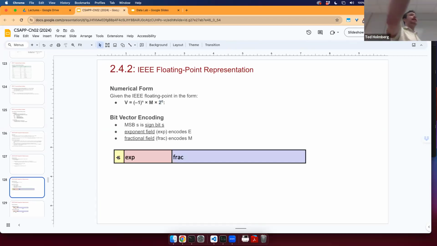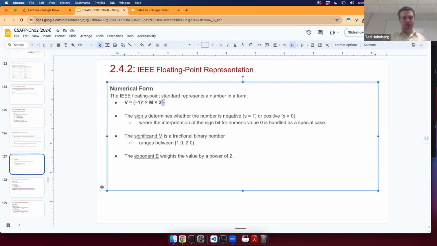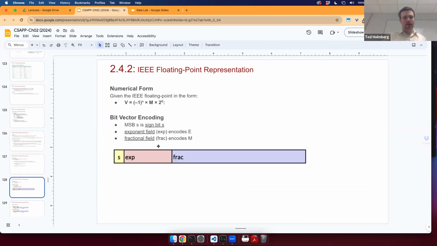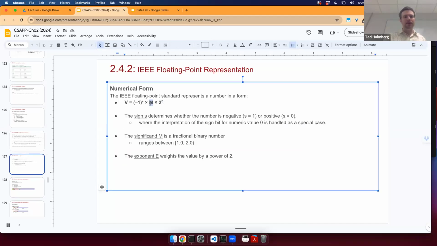That is an analog to how we determine the sign bit on integral data. Then here, typically we'll have our exponent field, which is going to encode our E, right? And then here, we're going to have our fractional field, which is going to encode our M, which is going to be this unit here.